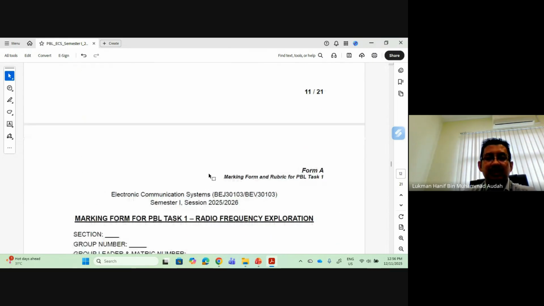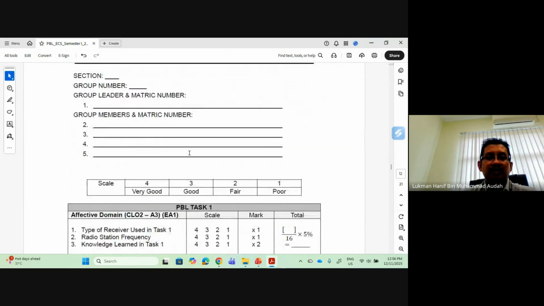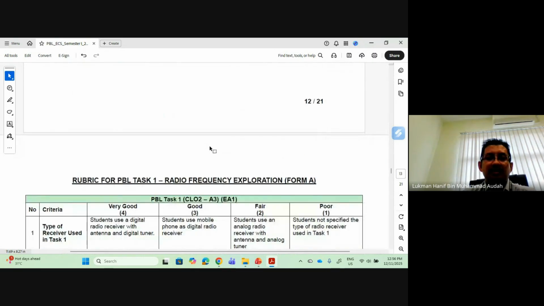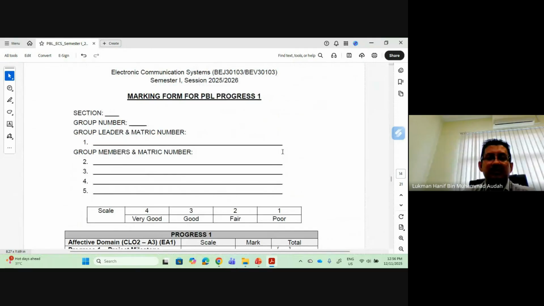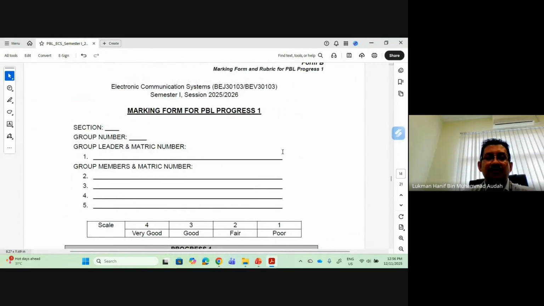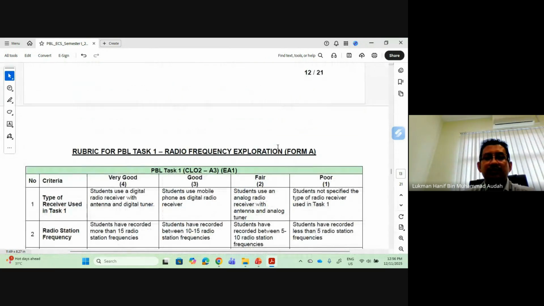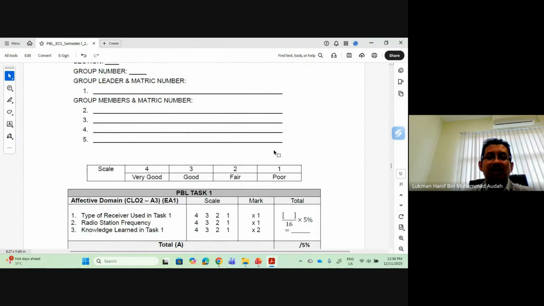Okay, so this is form A for the task 1 rubric. So this is the task 1 rubric. This is the rubric as well. This is a marking form for the progress report. Sorry, this is task number 1, right? This is task number 1.